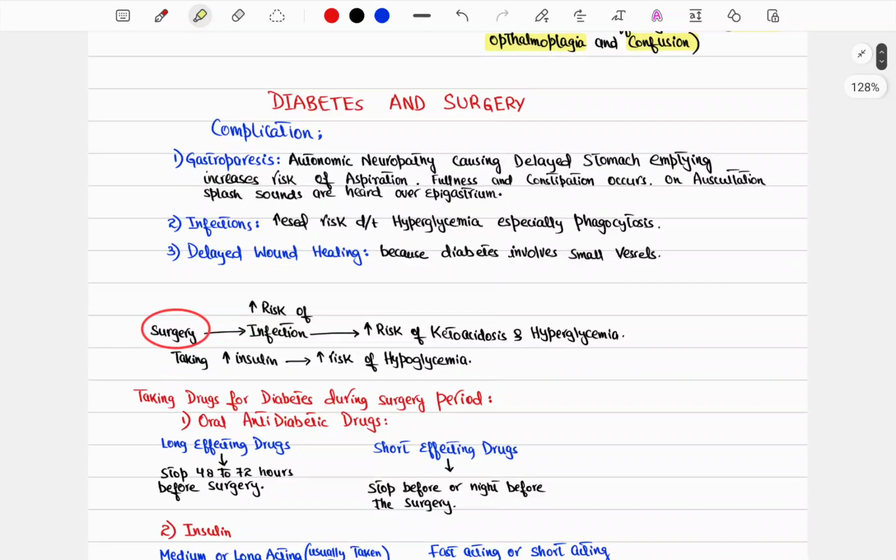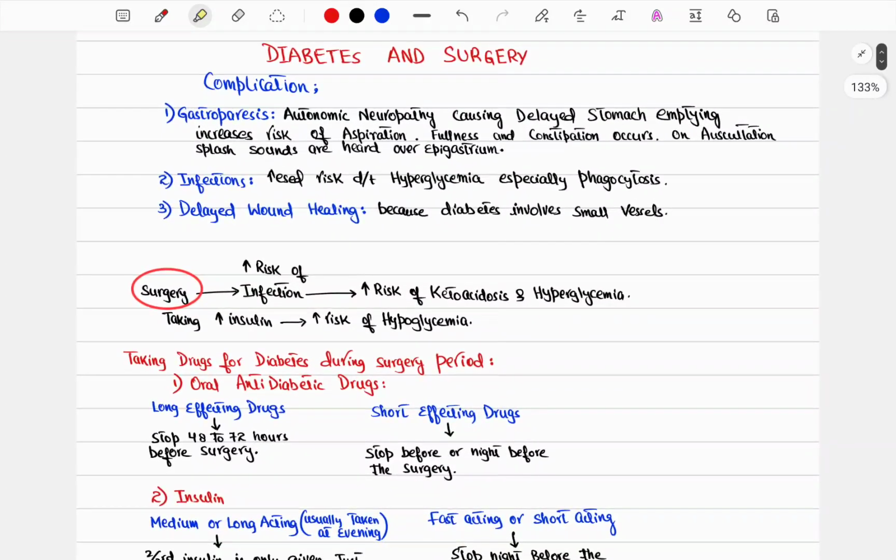Now for some conditions in surgery, like diabetes during the surgery, how do we control or manage diabetes with surgery? First we know the complications of diabetes: gastroparesis. There is increased risk of infection, because hyperglycemia especially inhibits the phagocytosis of the lymphocytes.